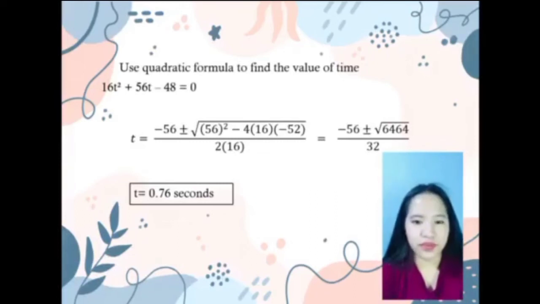T equals negative 56 plus or minus the square root of 56 squared minus 4 times 16 times 52 over 2 times 16, equals negative 56 plus or minus the square root of 6,464 over 32, equals 0.76 seconds.